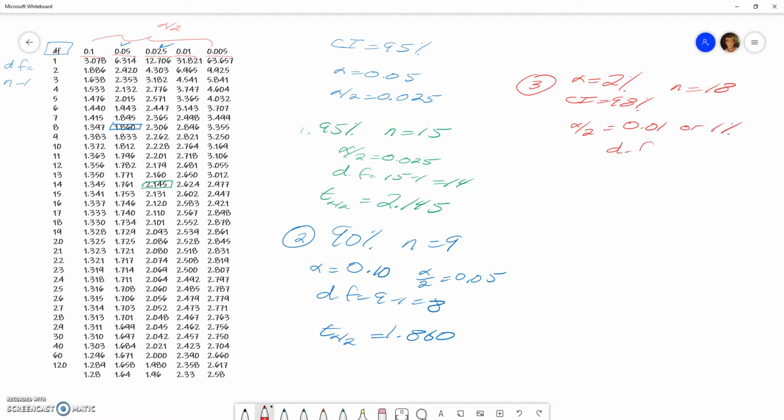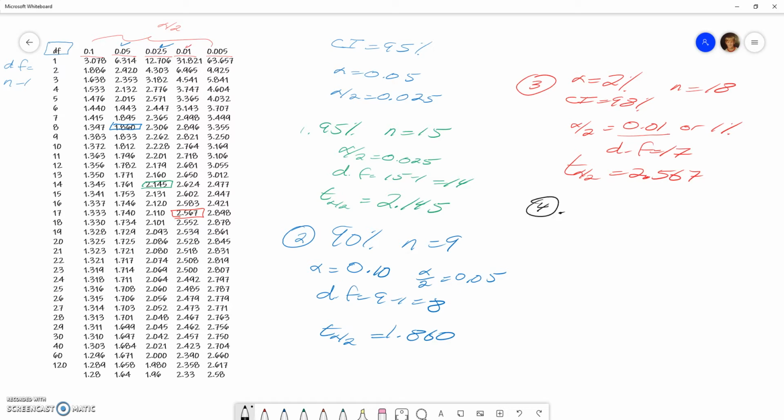And degrees of freedom would be 17. So this is the column we're working on, 0.01, and 17 degrees of freedom. 2.567. And then put that into black.